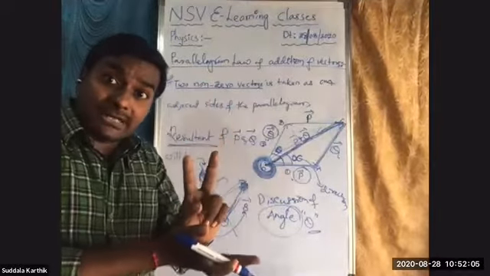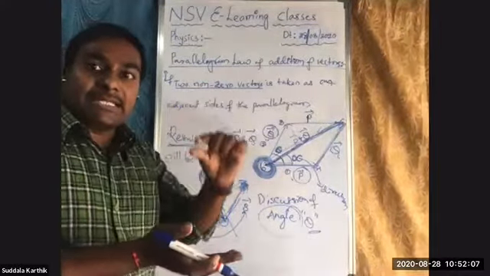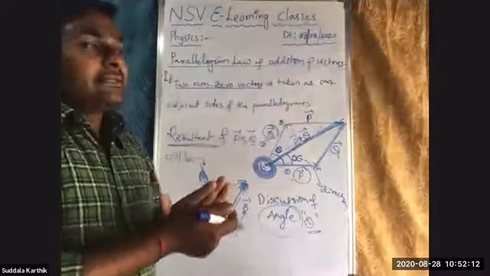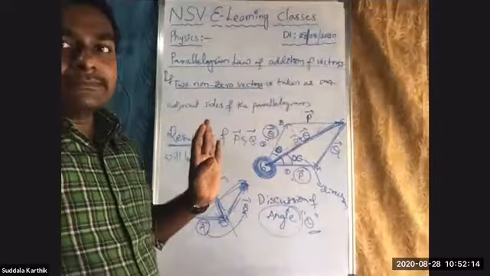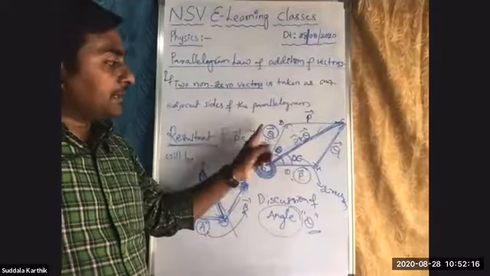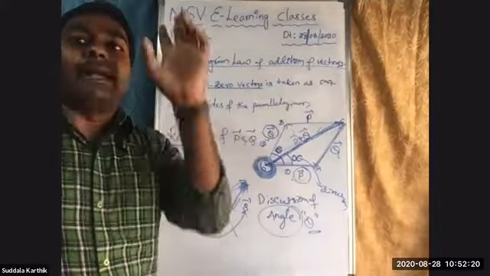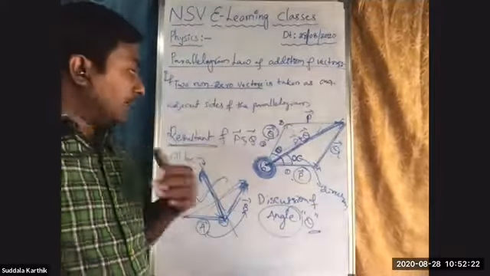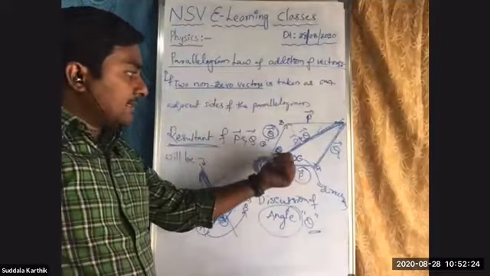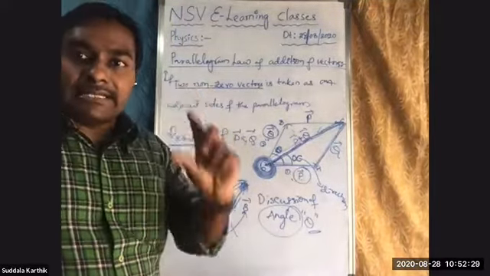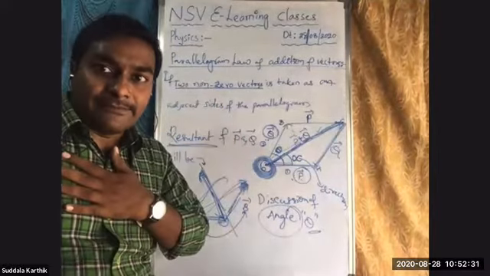There are two different diagonals, but the one passing through the intersection point is the resultant of P bar and Q bar in both direction and magnitude. So I got the resultant vector. What is the magnitude of the resultant vector? What is the direction of the resultant vector? I want to find that.